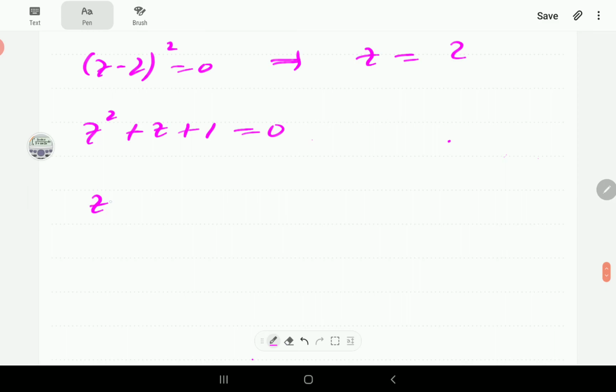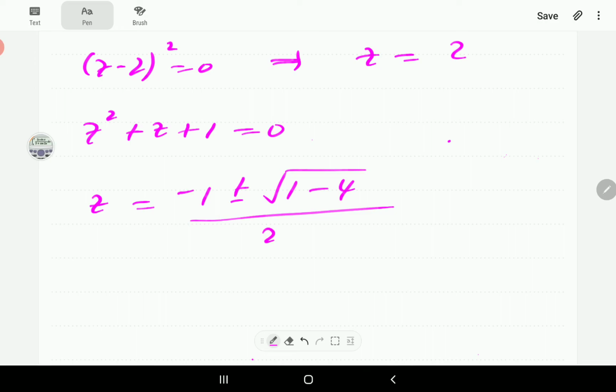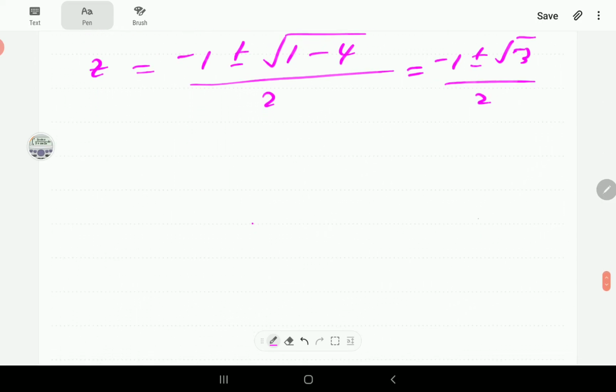And this one we're going to solve using the quadratic formula. Minus b plus or minus the square root of 1 minus 4. 1 minus 4 is negative 3, so minus 1 plus or minus the square root of negative 3. Since that is a negative, it means it's going to be a multiple of i.